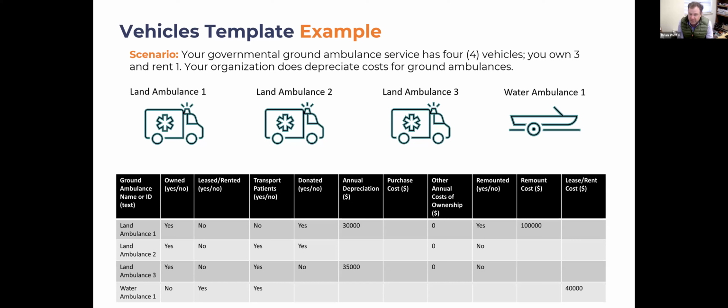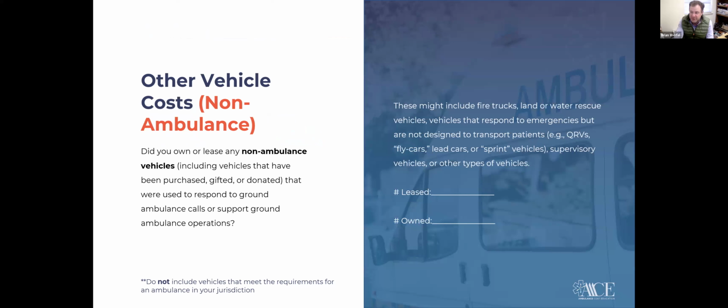That third ambulance, they bought it. They're depreciating it. The annual depreciation in this particular year is $35,000. And on the water ambulance, what they previously indicated is that they lease it. Those total lease costs are $40,000 a year. So I know this sounds a little bit confusing, but it's relatively straightforward once you get into it.